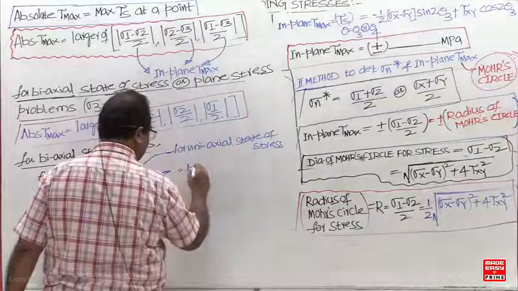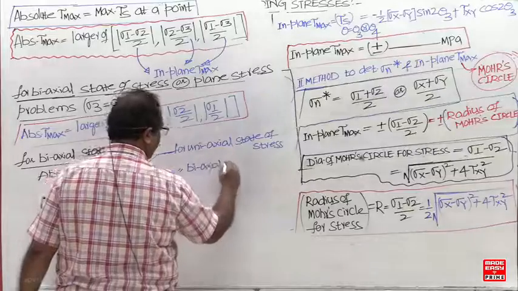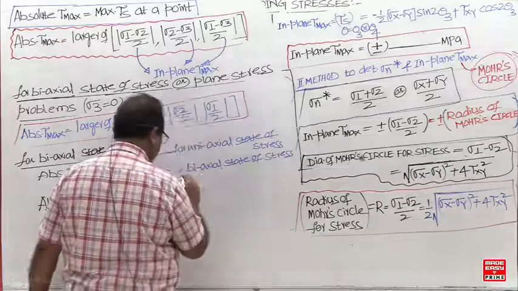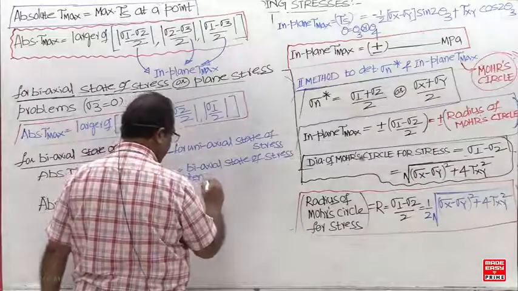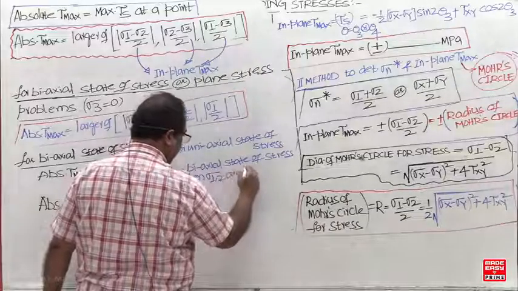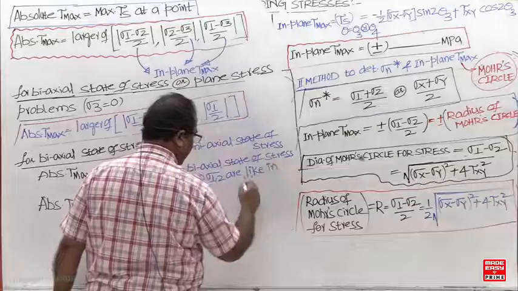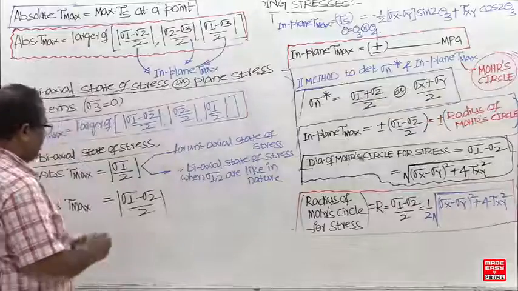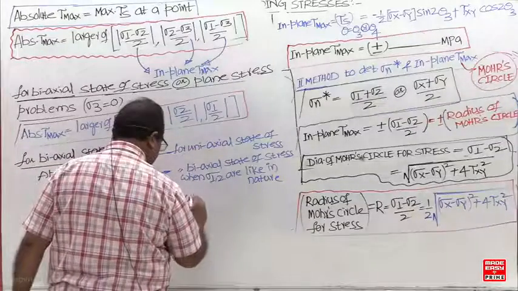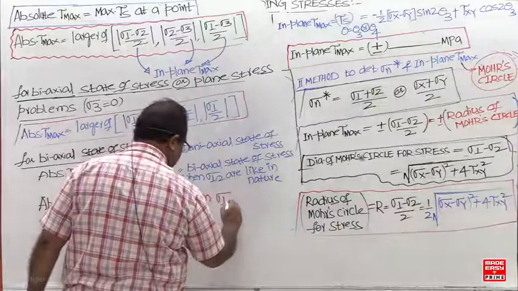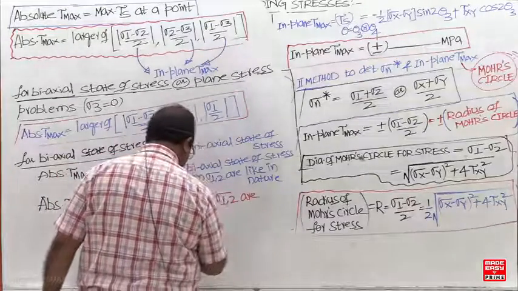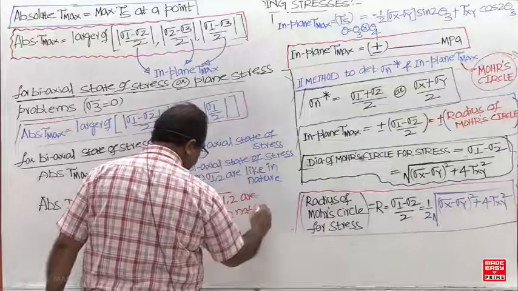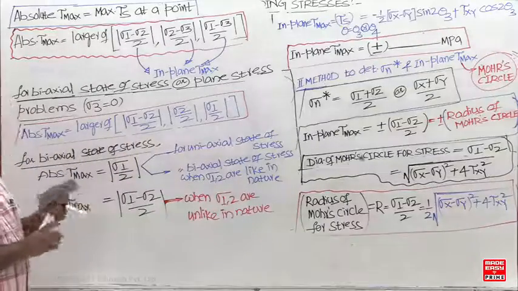This is for a biaxial state of stress: when sigma 1 and sigma 2 are like in nature, and when sigma 1 and sigma 2 are unlike in nature.